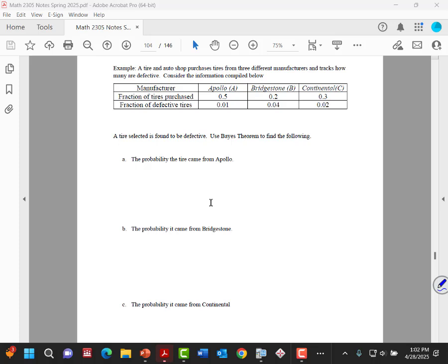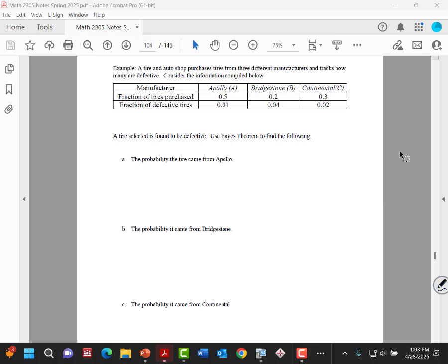So let's use this information along with Bayes' theorem to answer the following. A tire selected is found to be defective. The question we wish to ask is, what is the probability that the tire came from Apollo?